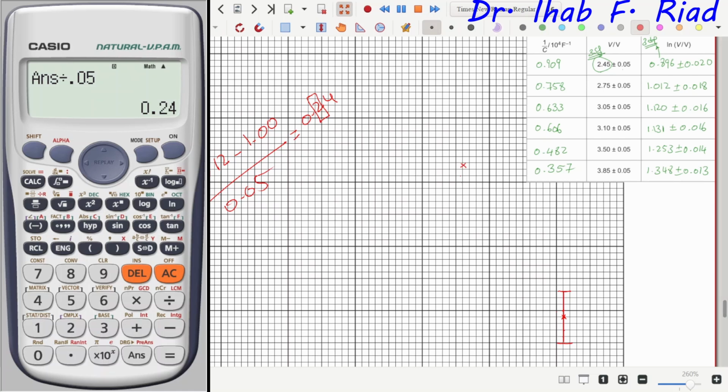So I'm taking my time to show you how exactly you can do that. We have 0.08 as the error bar. 0.018 divided by 0.05 is 0.36, meaning it is almost 4 squares up and 4 squares down.